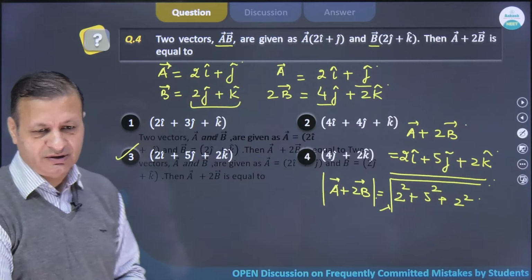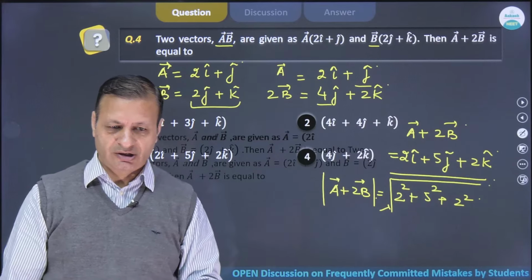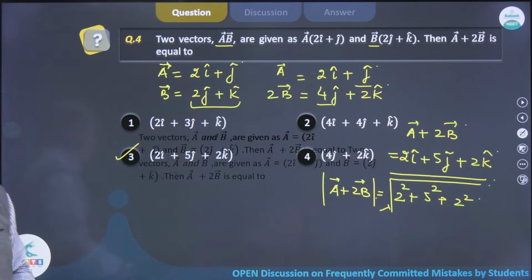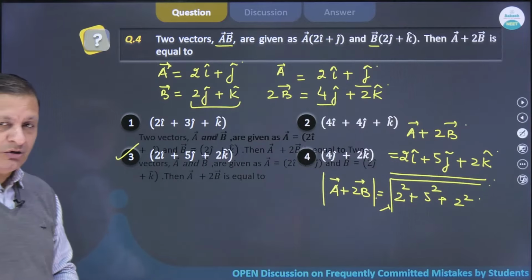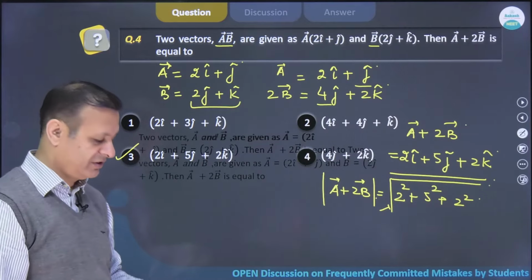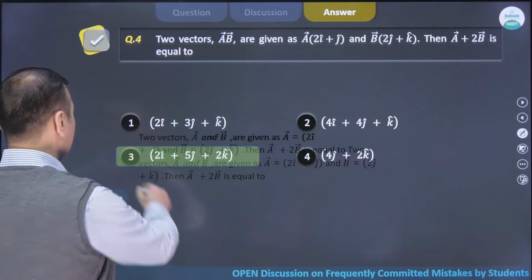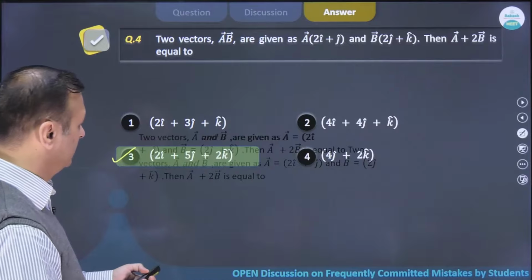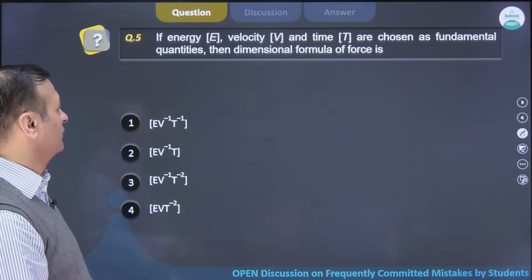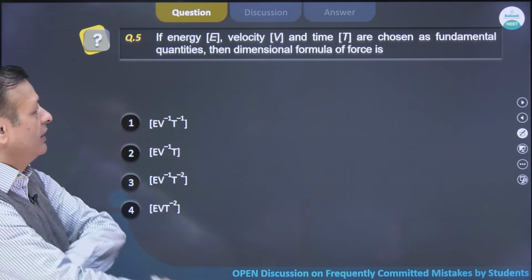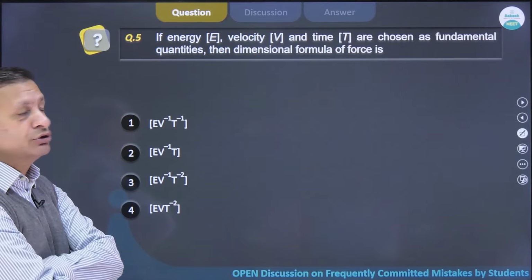Good, Tahid. Then Chandrakala, okay, good. Now shall we move? If you are done with this, I think we should move. Yes, so this was the third question, and now the next question is purely a unit dimension based question.